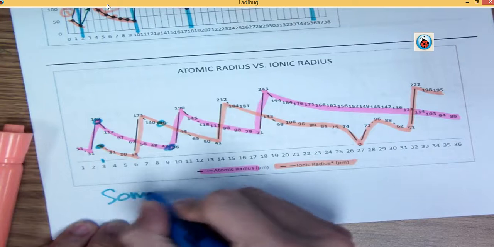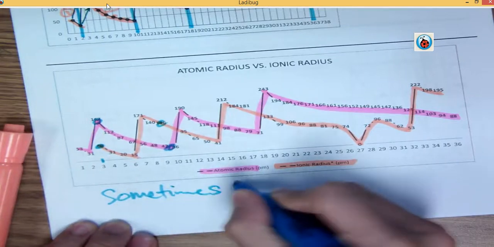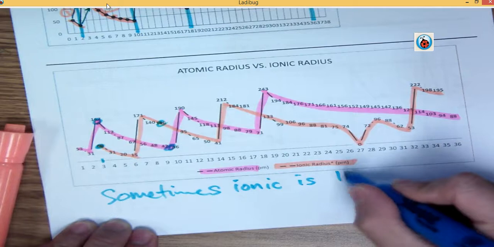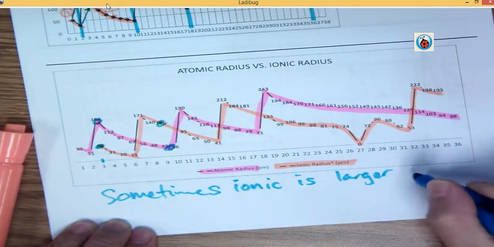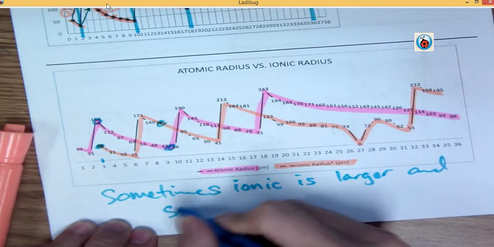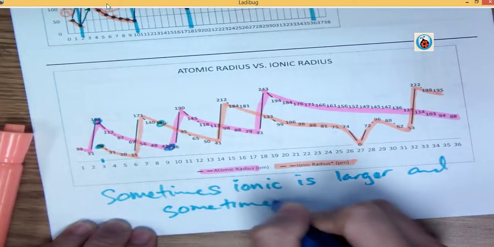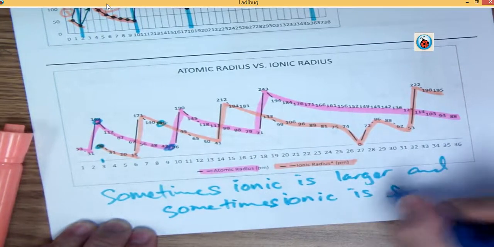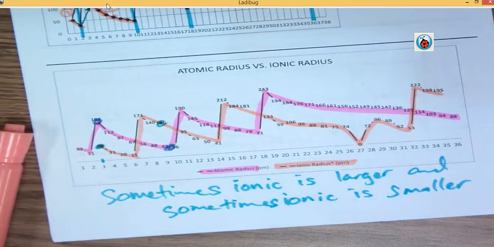So guys, it depends. Sometimes ionic is larger, and sometimes ionic is smaller. And I will tell you why in a little bit, okay, when we go over the notes.